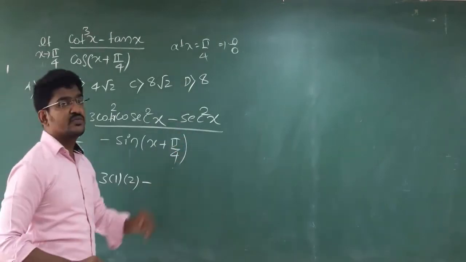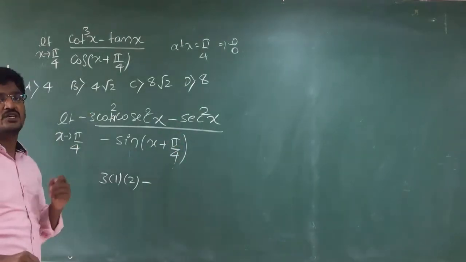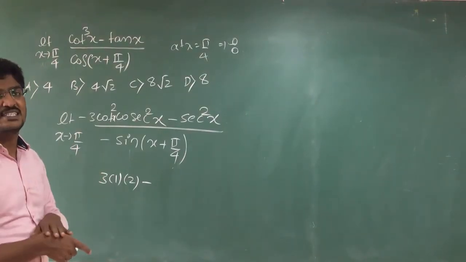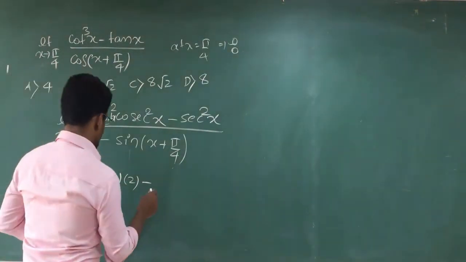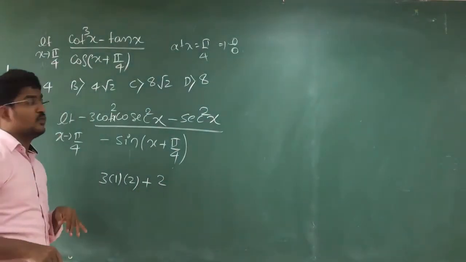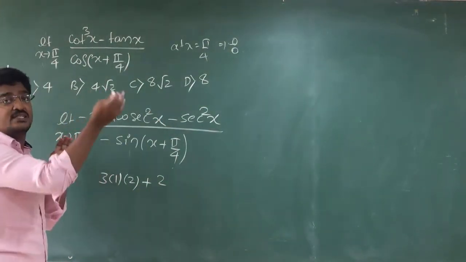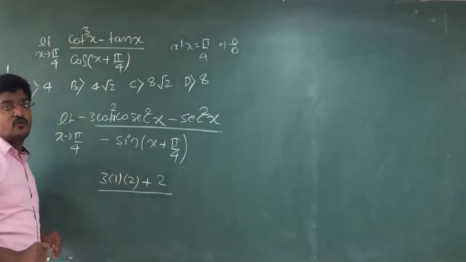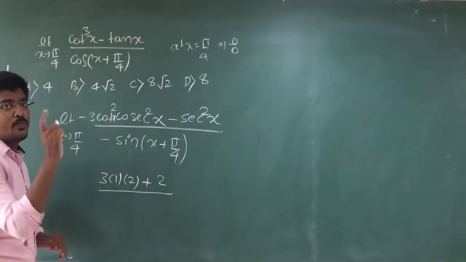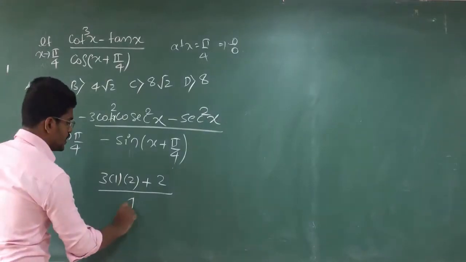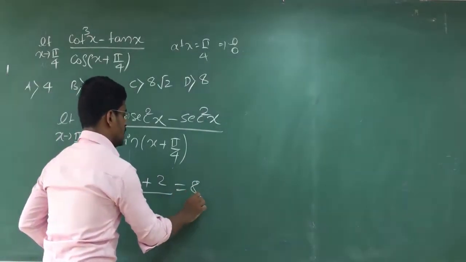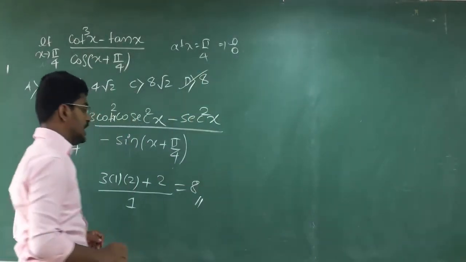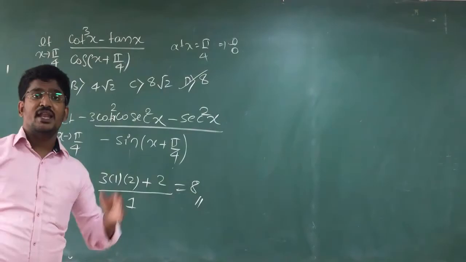Minus secant square. As you all know, cos pi by 4 is again 1 by root 2, so the reverse, secant square, will again be 2. Here it will be plus, because I will take the minus sign common and cancel it. So it will be plus 2 divided by, here I will put pi by 4 plus pi by 4, which is pi by 2. Sin pi by 2 will be 1. So your answer will be 8. Clear? So easy question. That is option D. Answer is going to be 8.